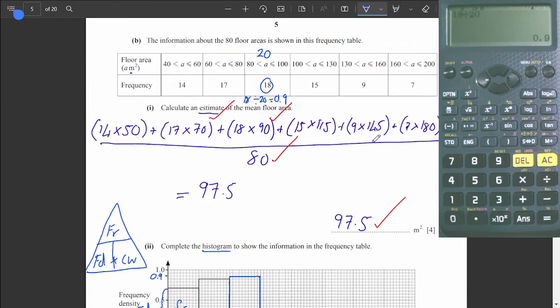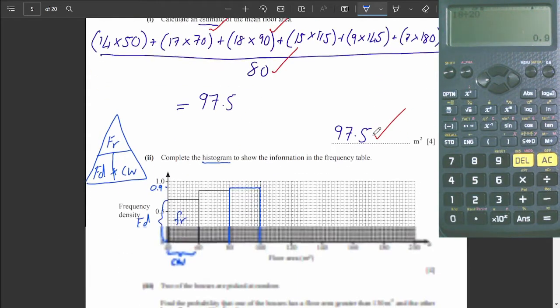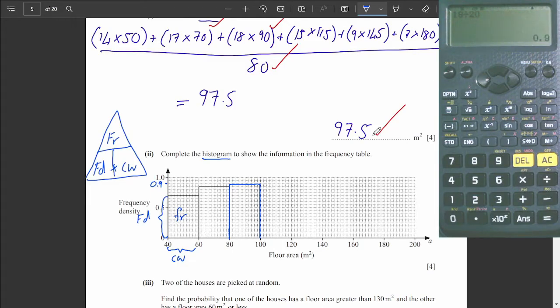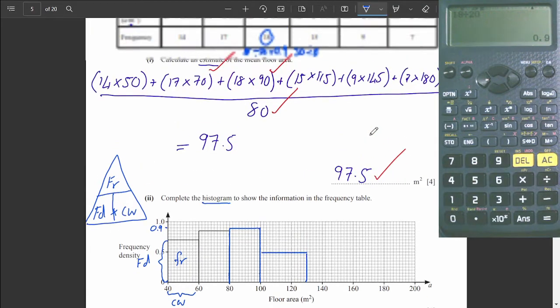Going on there to the fourth bar. Now the class width is 30. The frequency is 15. So 30 divided by 15. No, of course that's not going to work because you got it the wrong way around. 15 divided by 30 is 0.5. So from 130, go up to 0.5.